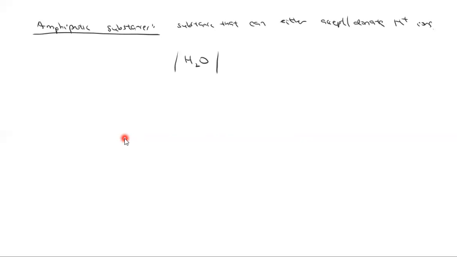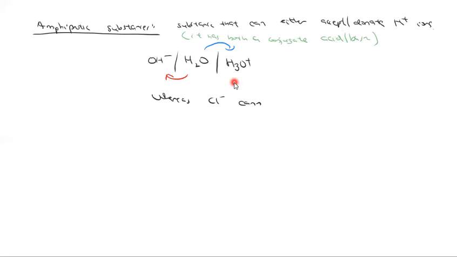In other words, another way to put it is it has both a conjugate acid and a conjugate base. So H2O can go this way to become OH-, which itself can become O2-, but let's not focus on that. It can also go this way to become H3O+. That's why H2O is amphiprotic. Whereas Cl- just can't donate H+, so it is not amphiprotic.